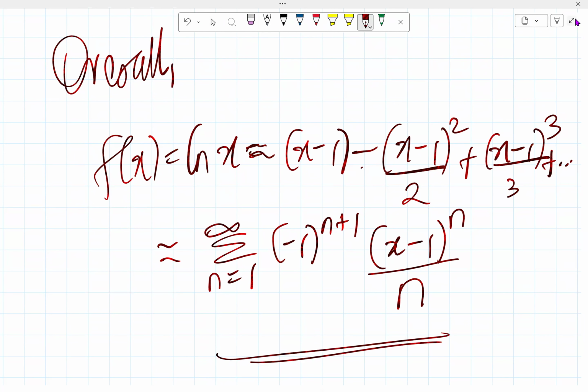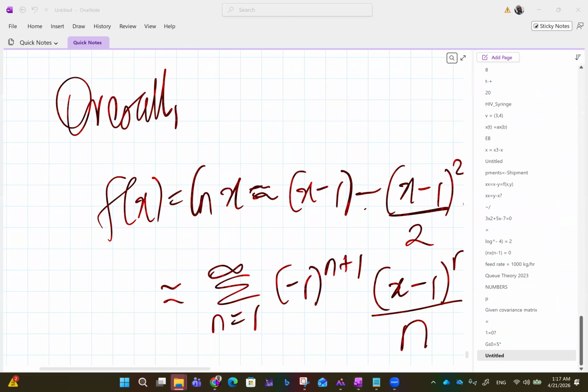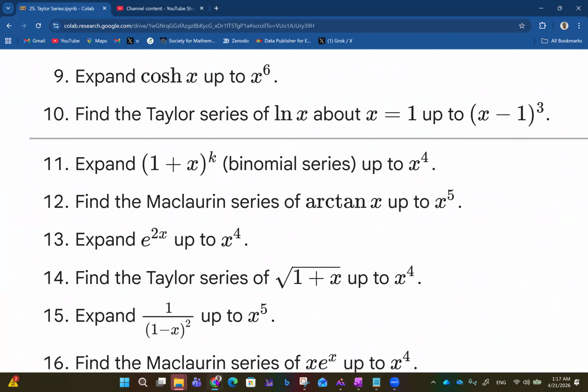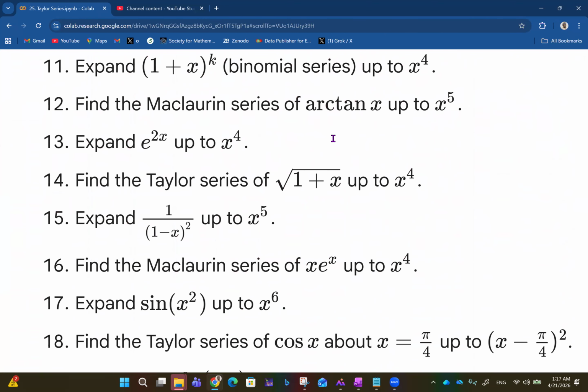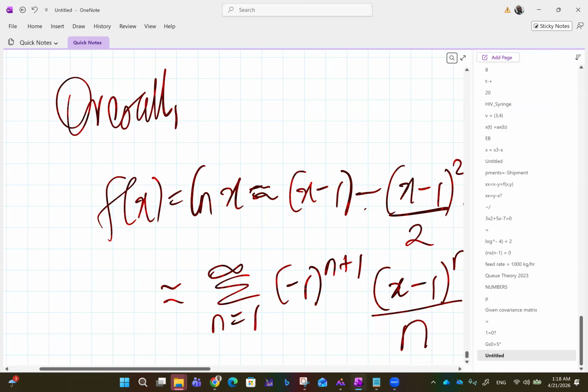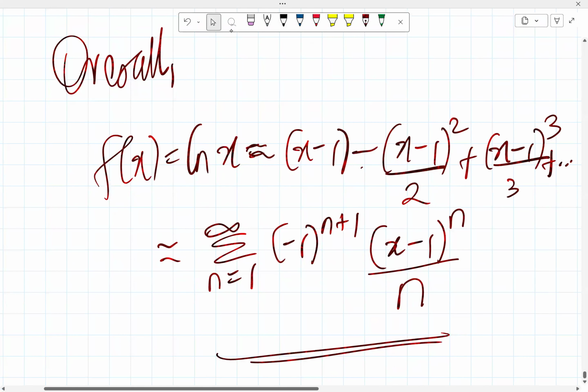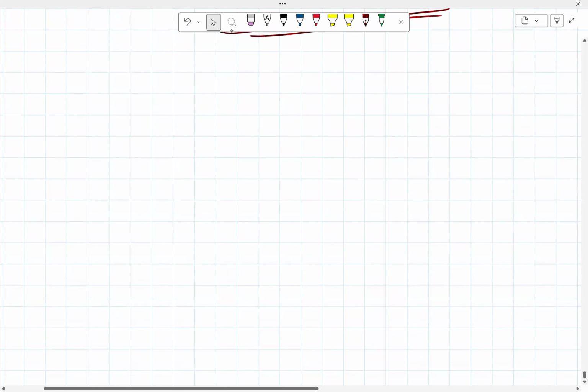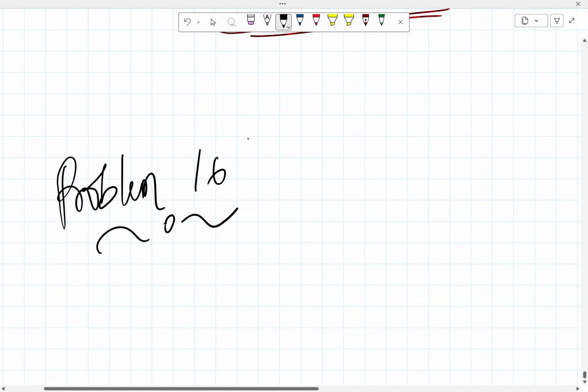So the second question I'll be taking is question 16. Question 16 says, find the Maclaurin series of x e raised to power x up to x to the 4. Okay, x e raised to power x up to x to the 4.